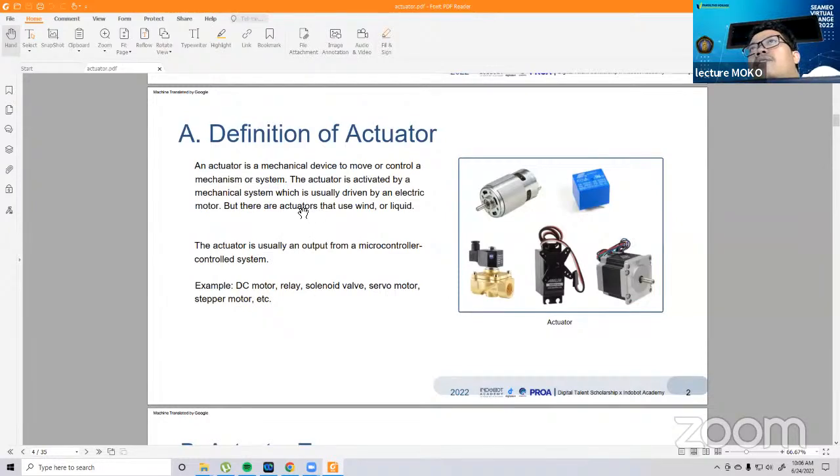In the last class, we already learned about the controller. The controller means the brain of our IoT system. And the actuator, if we look at our human body, is like the hand, like the leg.